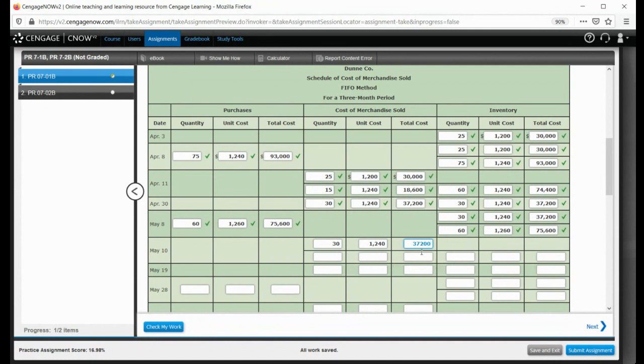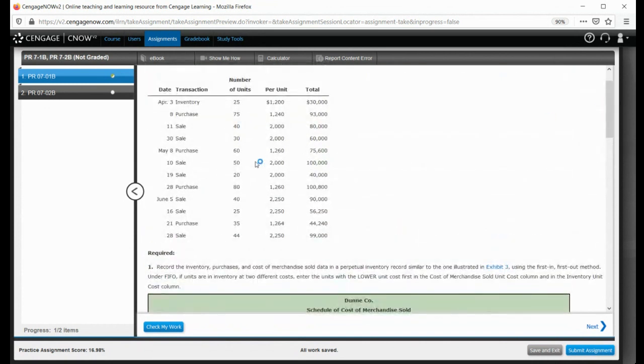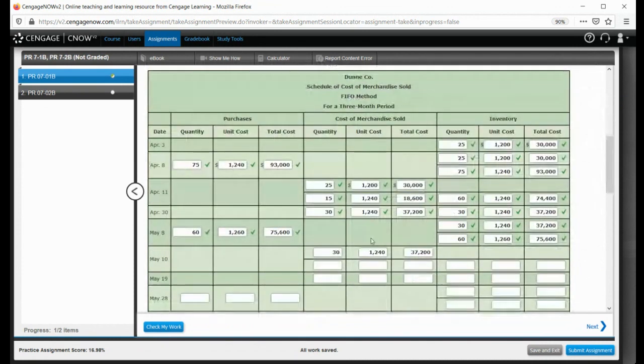And then because we sold 50 units, we've accounted for 30 of those. We have 20 left to account for, and those would have cost us, it would come from the last purchase, which was on May the 8th, at $1,260.